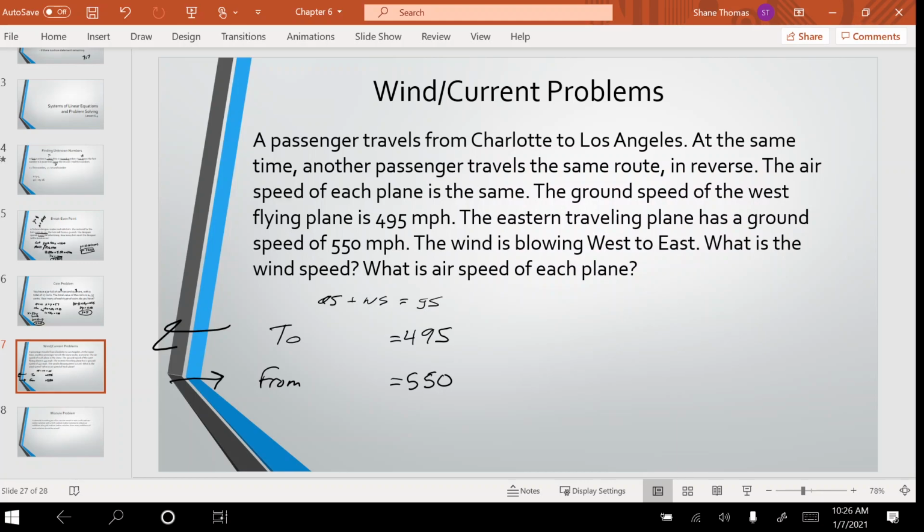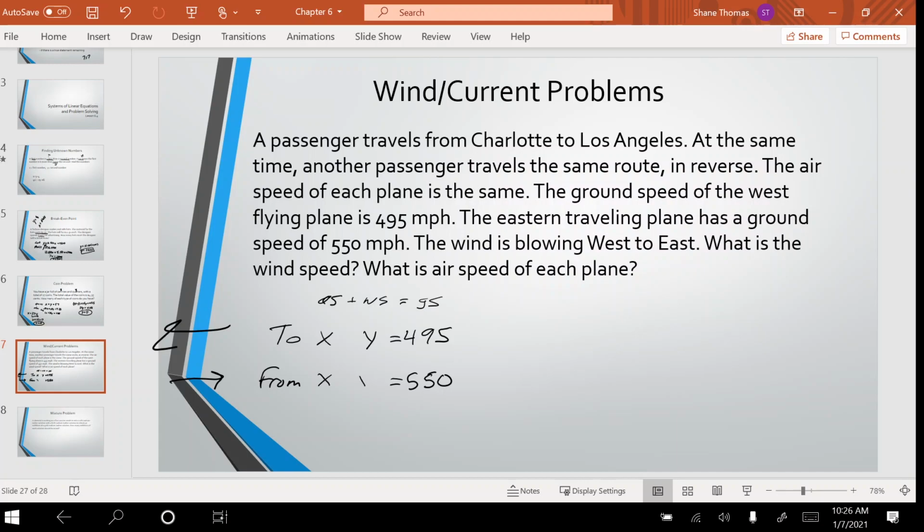Okay, so I got my ground speed, that's my resultant speed. Now looking at this, it tells you that the wind is blowing west to east. But at the same time, you should be able to look at this and say, all right, this guy's slower, so obviously the wind's fighting this one, helping this one. Agreed? So we don't know the airspeed, we don't know the wind speed, but it's the same.